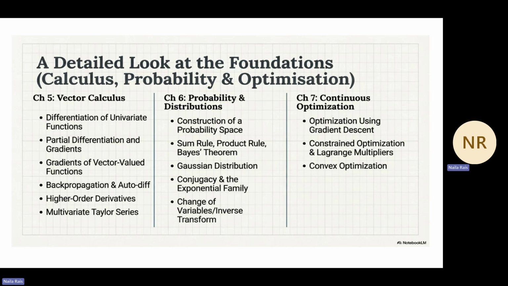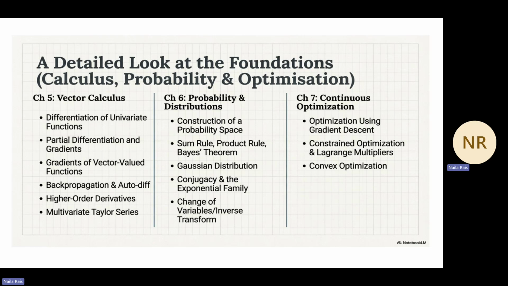Let's look into Chapter 5, Vector Calculus: differentiation of univariate functions, that means one variable, partial differentiation and gradients, gradients of vector-valued functions, backpropagation and automatic differentiation. Then we have higher-order derivatives, multivariate Taylor series.